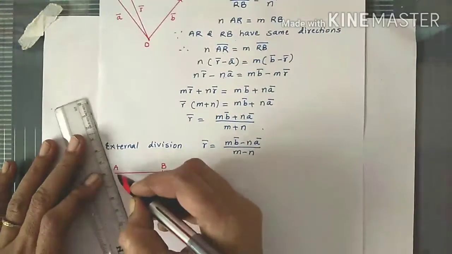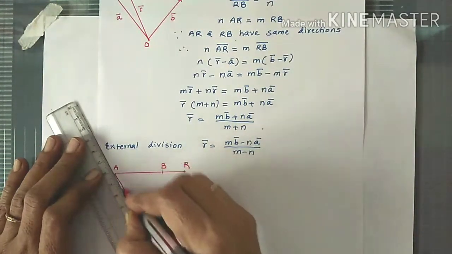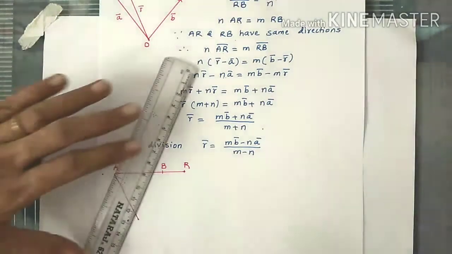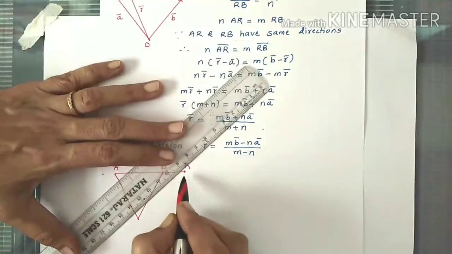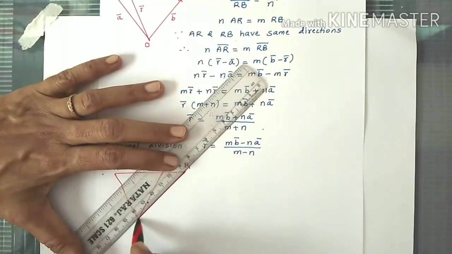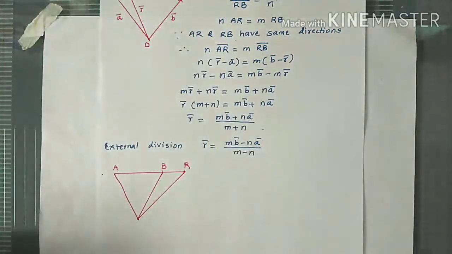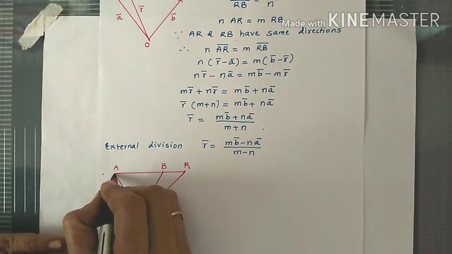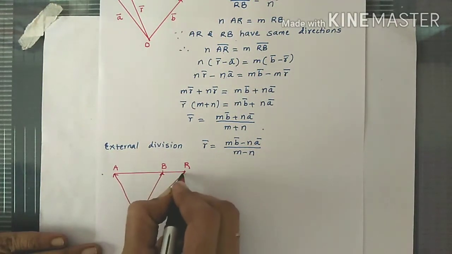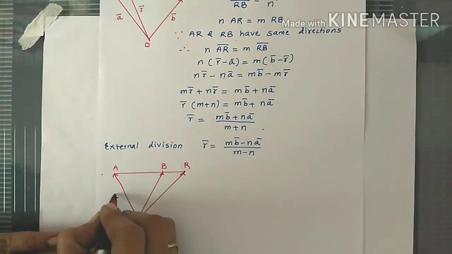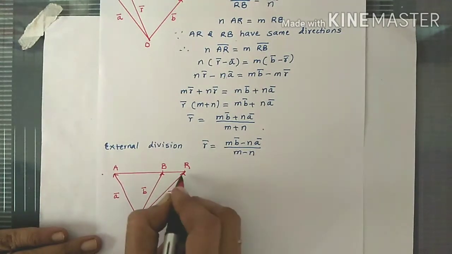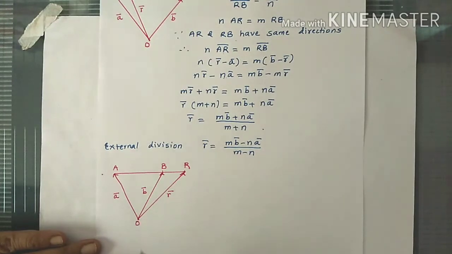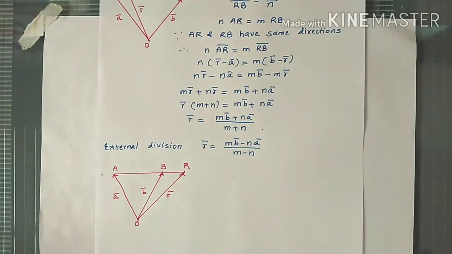Now let's take OA bar as A bar, OB bar as B bar, and OR bar as R bar. So these are the position vectors of A, B and R. So this is A bar, OB bar is B bar, and OR bar is R bar. This point is O. Okay.